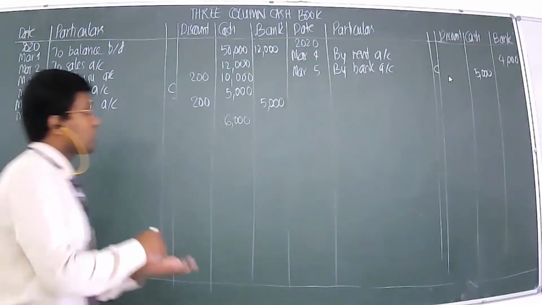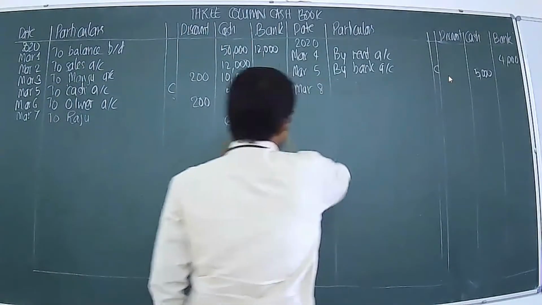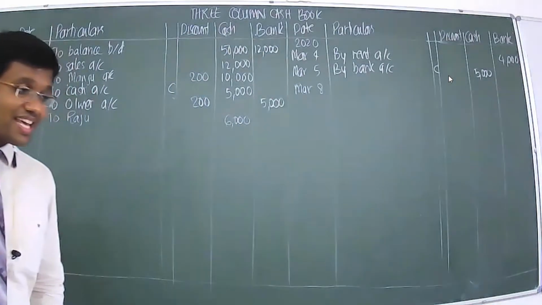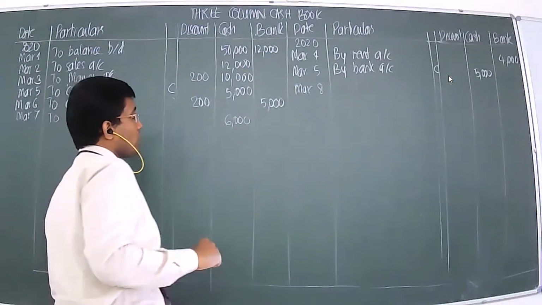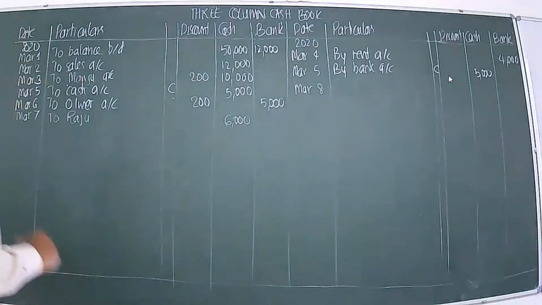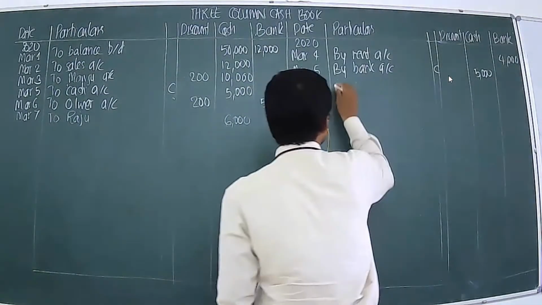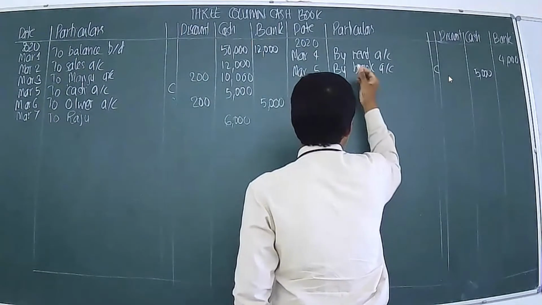So you're holding on to this check. March 8th, you're taking this check, going to the bank and depositing this check. So on March 8th, you should show this as a contra entry.